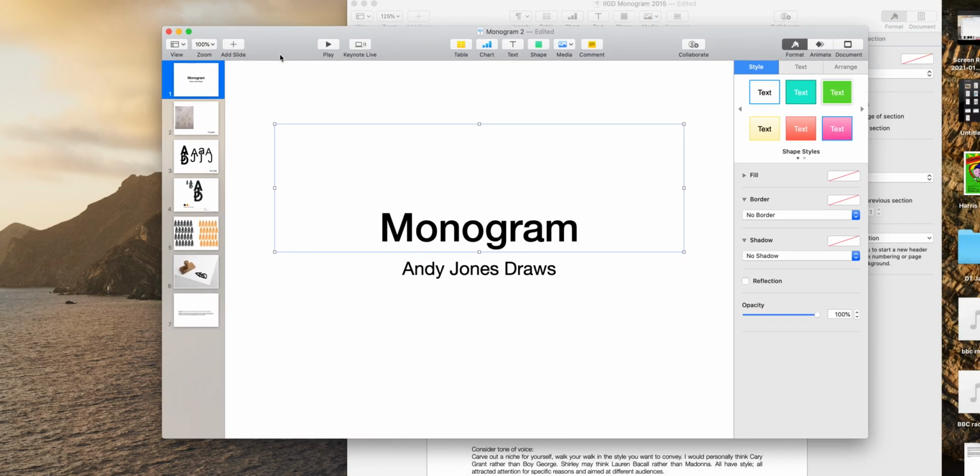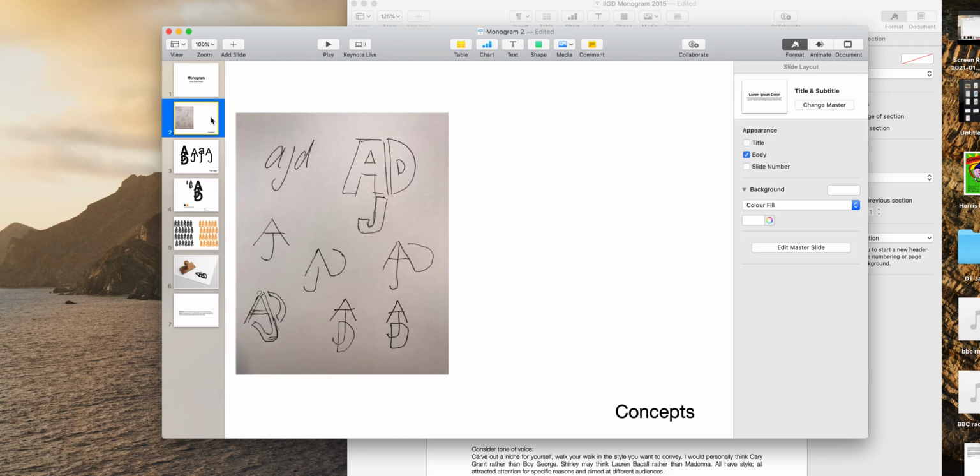This one too is my little example that I drafted. This is very simple how you are probably going to do it in the first instance. A, D, J, A, J, D. It's me just playing with lots of little lines, not really focusing on what typeface I'm using.